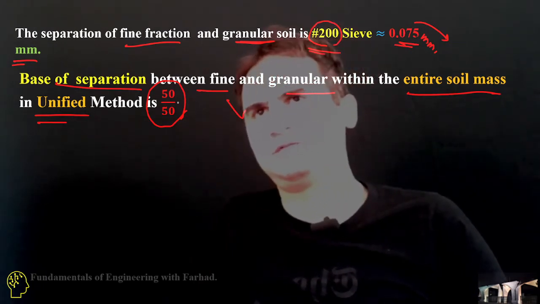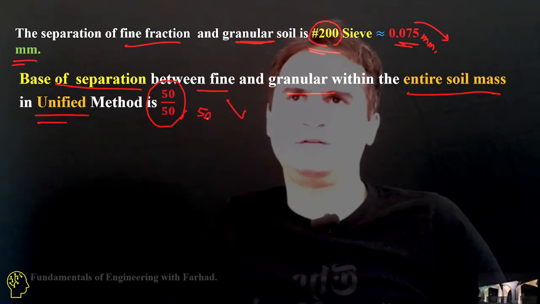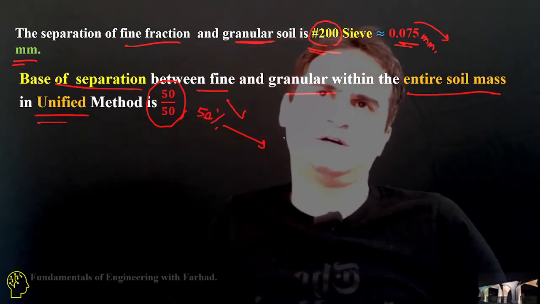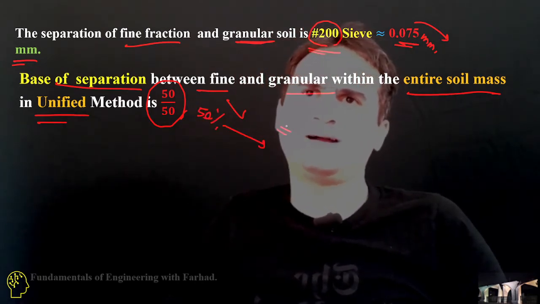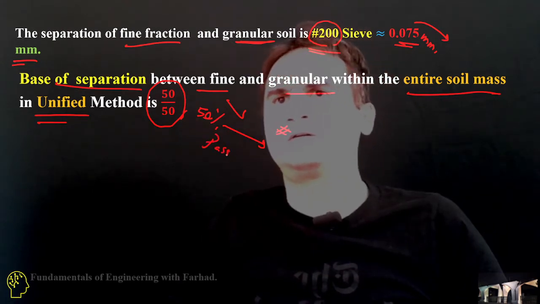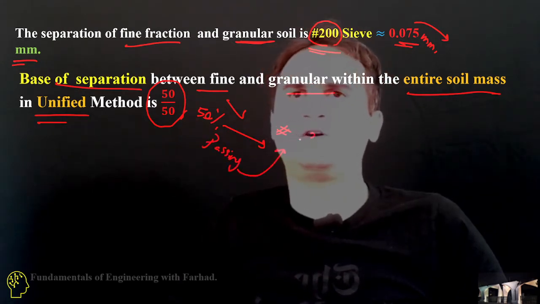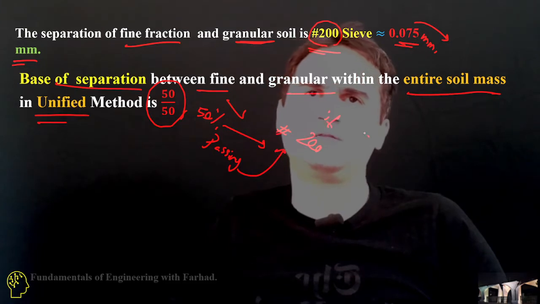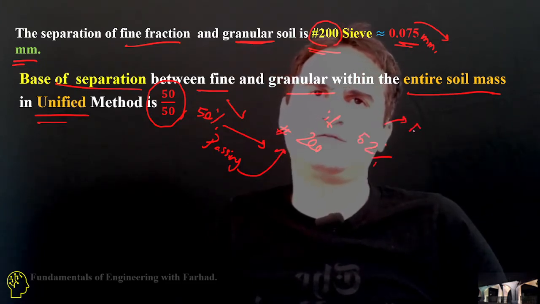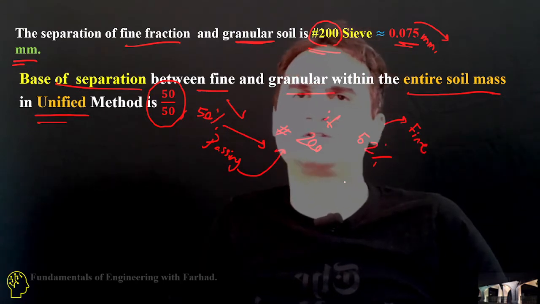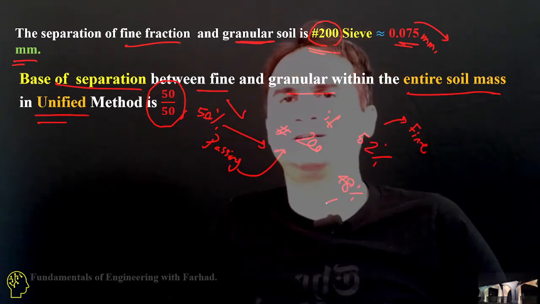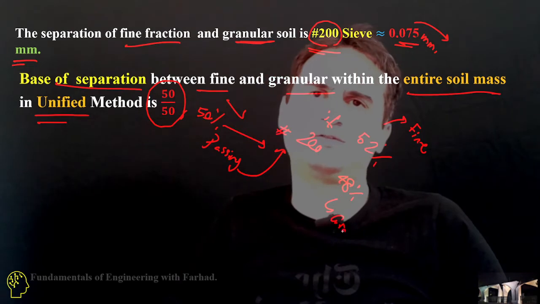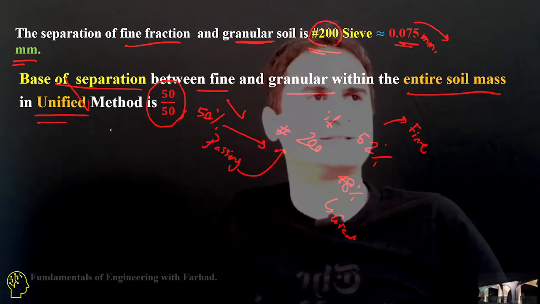Just 50% passing. So if it's 52%, that's fine. If it's 48%, it's granular in the Unified system.